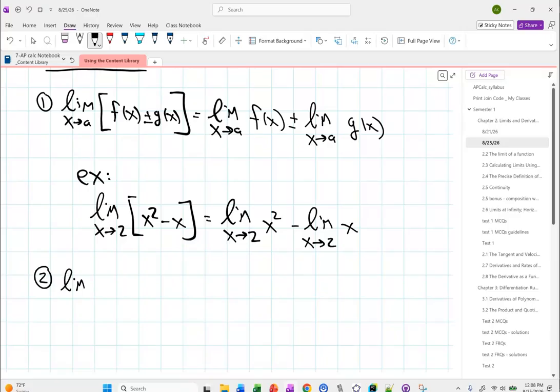We can do the same thing for multiplication.